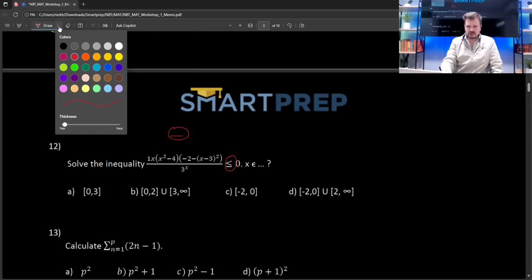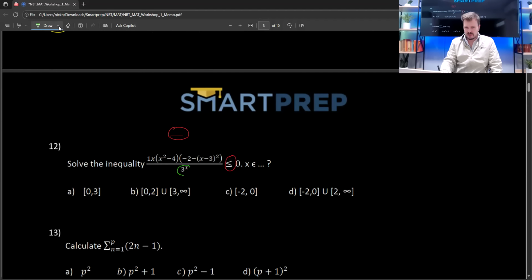So what I want to do is just go through each of these terms and quickly tell you whether they're positive or negative. 3 to the x is always going to be positive. There's an explanation for this in the other video if you want all that stuff. I'm just showing you the tricks.